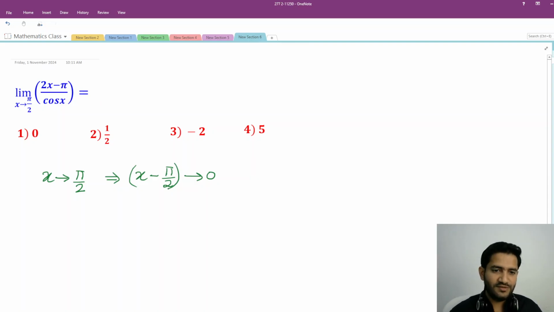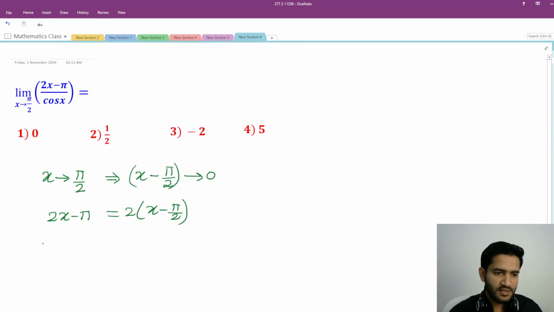Next, we want to convert the terms in x in terms of x minus pi by 2. So how can we convert 2x minus pi? It is very simple, because we can take 2 outside. We will get x minus pi by 2. It is clear.